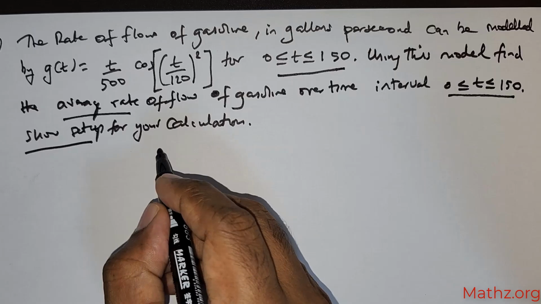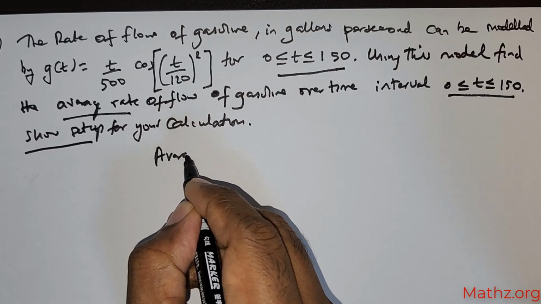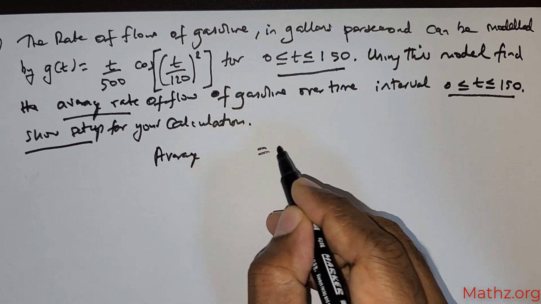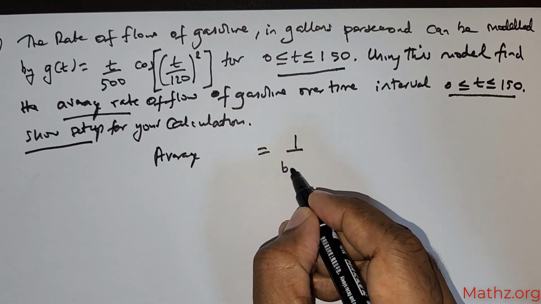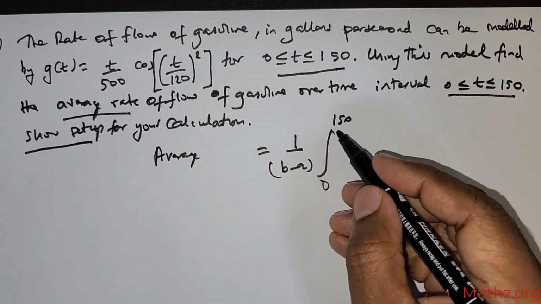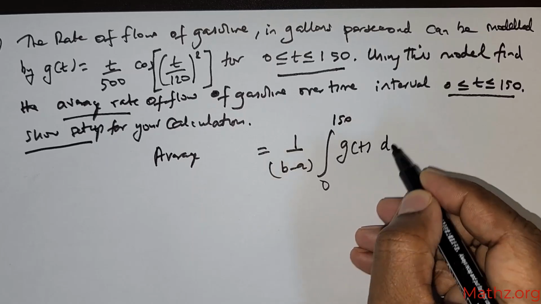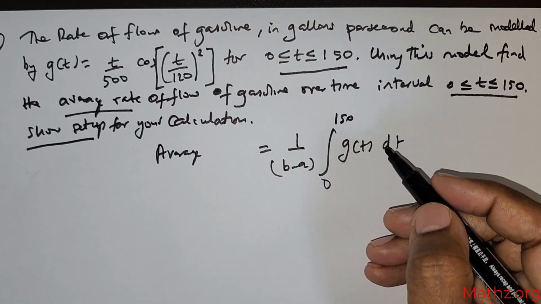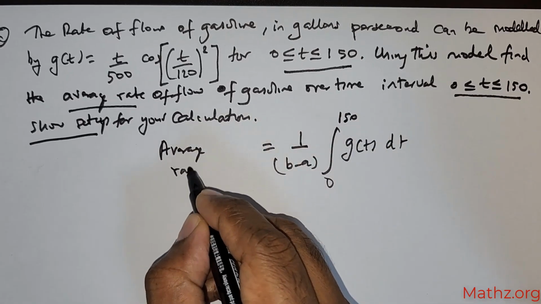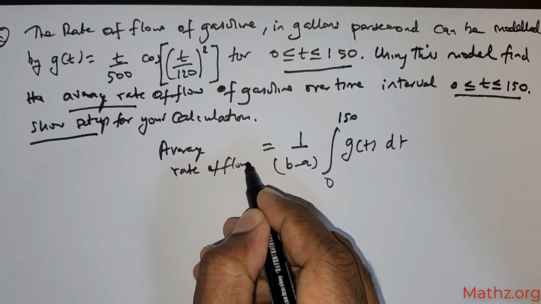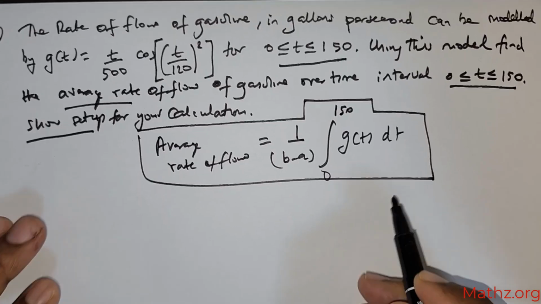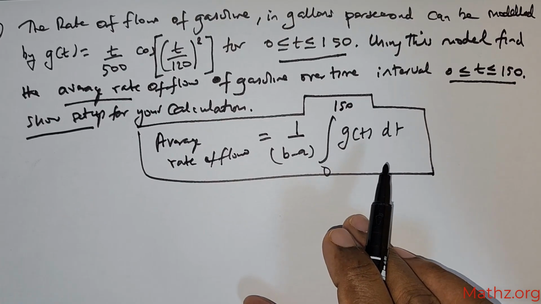So foremost, the average is given by this formula: 1 over (b - a) times the integral from a to b of g of t dt. This is nothing but the average rate of flow. This is the all important setup you need to first display.